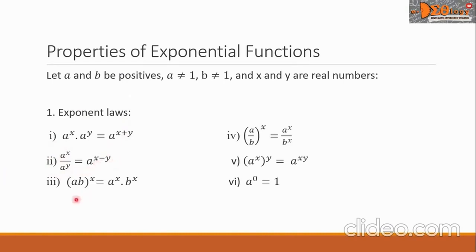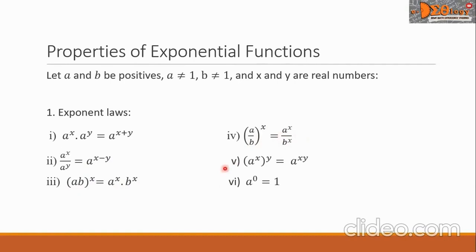Law number 3, ab raised to x is equal to a raised to x times b raised to x. Law number 4, when we have a quotient and this is raised to x, this is equal to a raised to x over b raised to x.